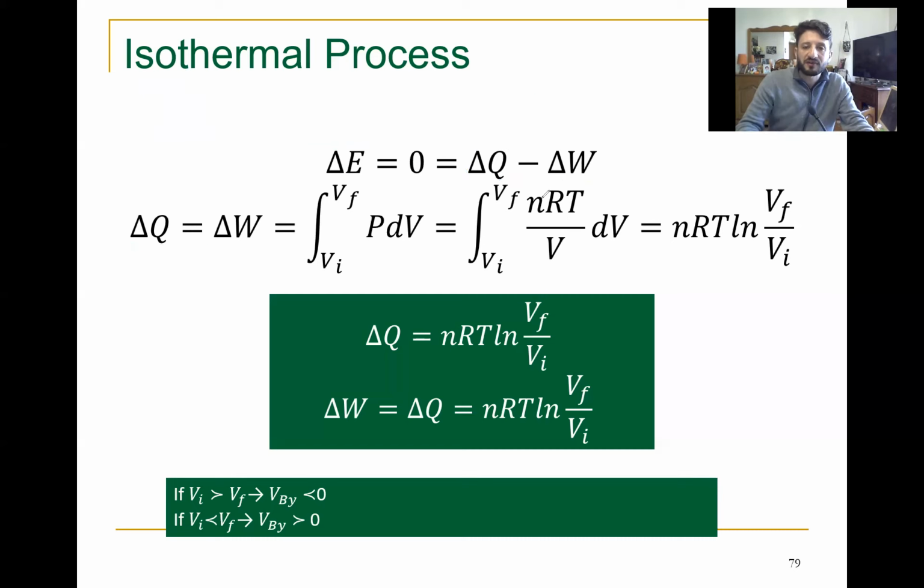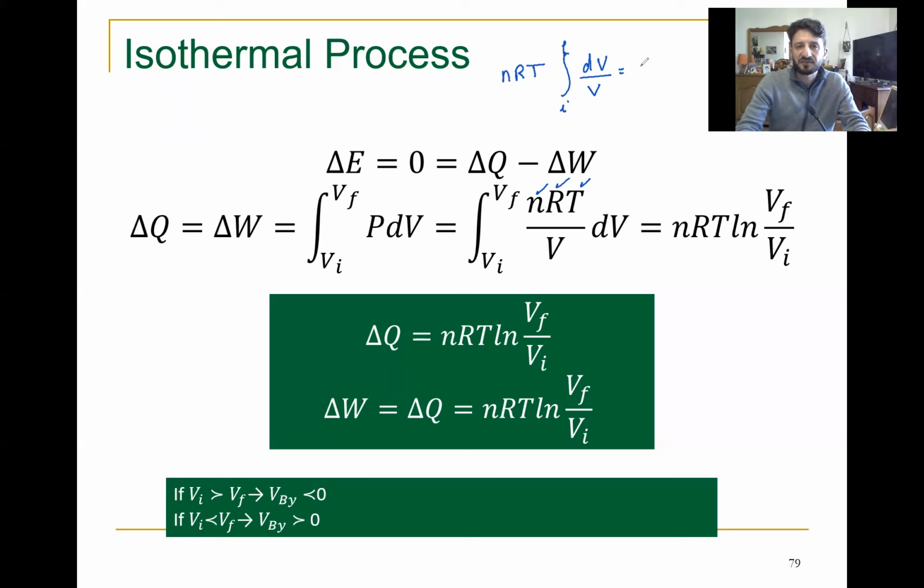Okay, we have n is constant, R is constant, and T is constant. We can put them out, and the integral of dV divided by V, outside we have nRT, between the initial state and the final state, equals nRT times ln.